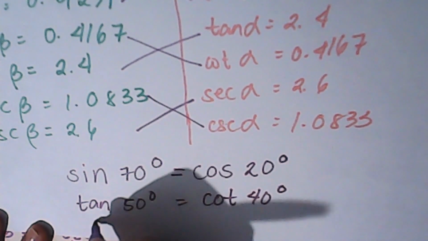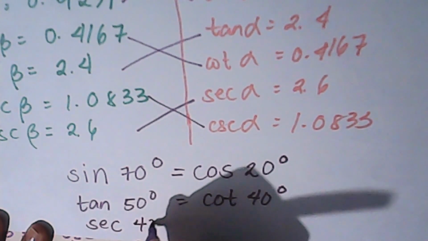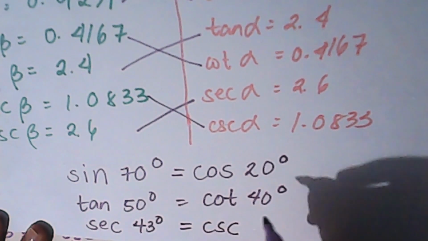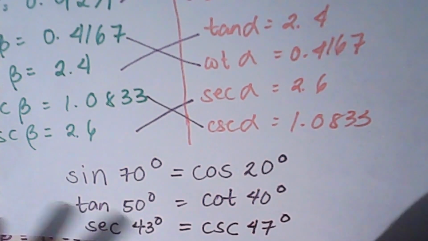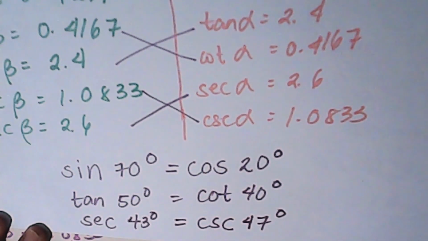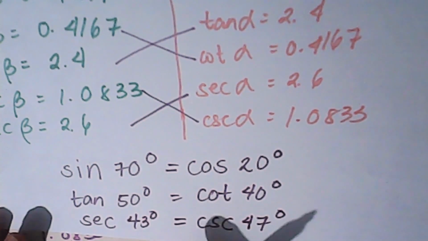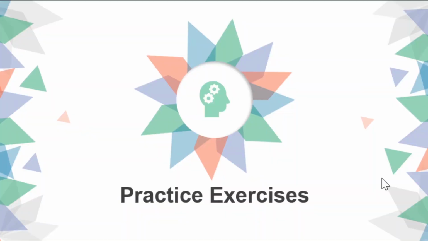And similarly, secant 43 degrees is equal to cosecant 47 degrees, because 43 and 47 are complementary and secant and cosecant are cofunctions. In our next video, we are going to practice the following exercises.